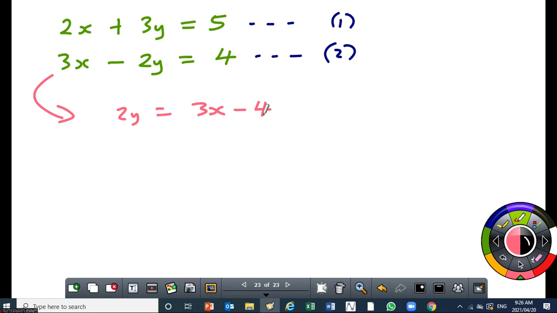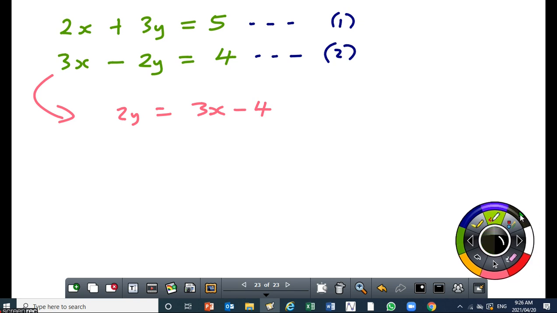But before I wrote this, I want you to be aware that there is more than one way of doing it. I could have written it first as minus 2y is equal to... I can take the minus 2y to the right, it becomes positive 2y. Then I'll take the 4 to the left. So let me do it that way to avoid confusion.